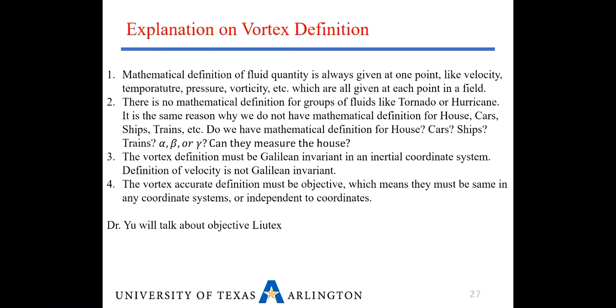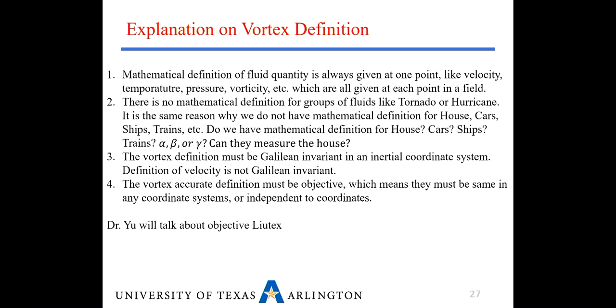And I explain this because some people have questions. One question is: you give a definition at a point, but we talk about vortex, which is a group. Many people ask why nu-tex is a point and vortex is a group; they are different concepts.